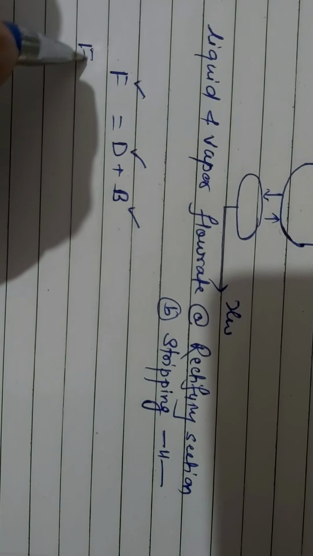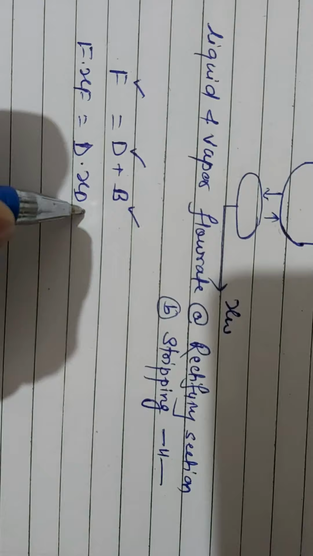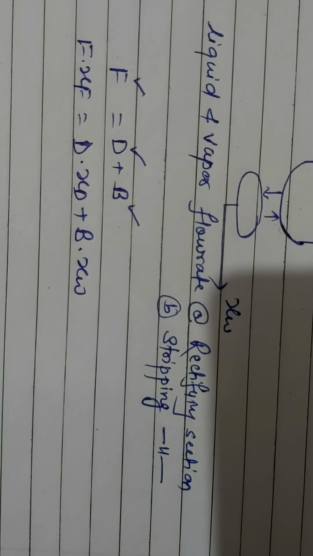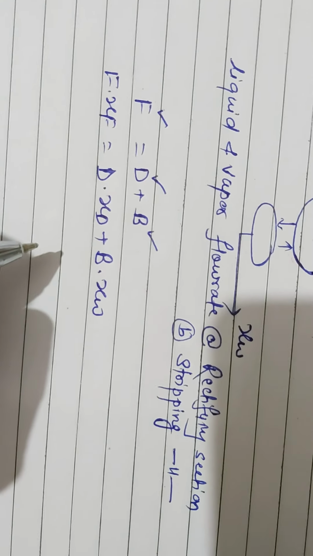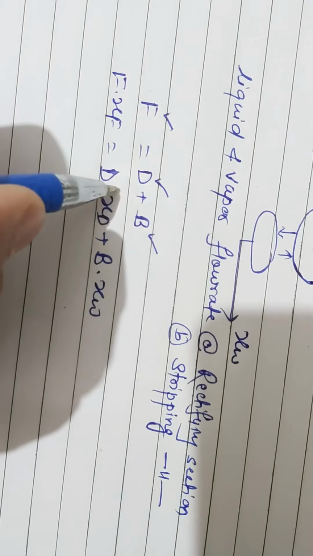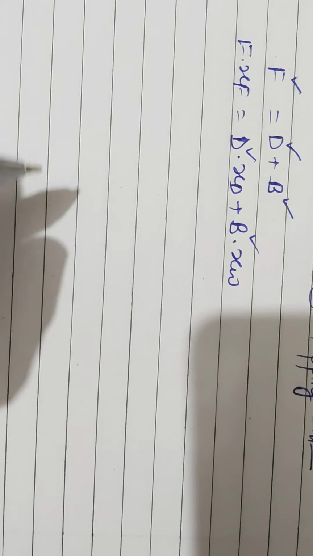There is another equation, basically a component balance. So there are two equations, two unknowns. So you can find out D and B, and then you can proceed with the McCabe-Thiele method.